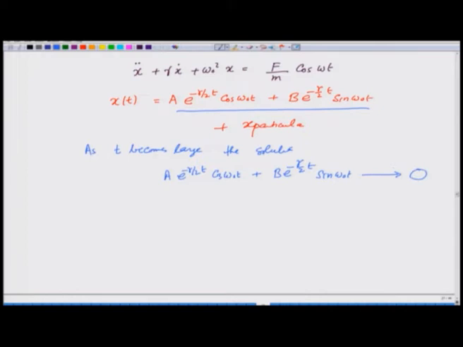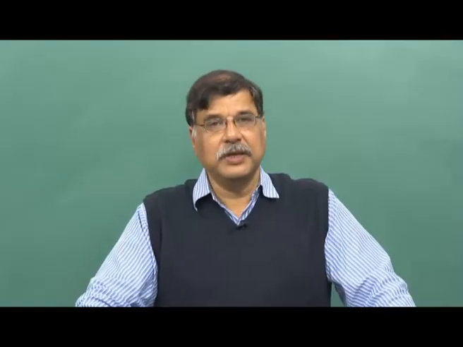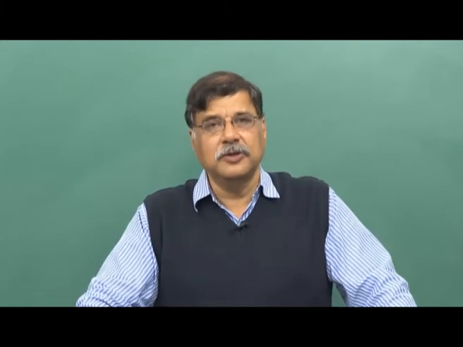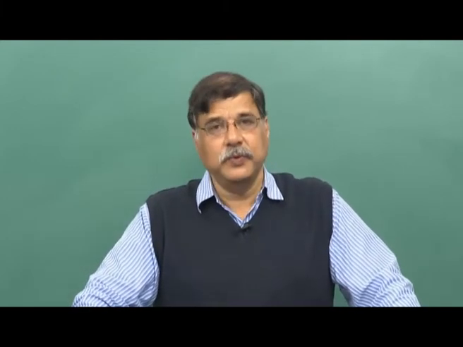This solution just dies down, and what you are left with is x of t equals x particular of t. So, finally, the oscillator is going to oscillate with the solution given by x particular. The homogeneous solution dies down.